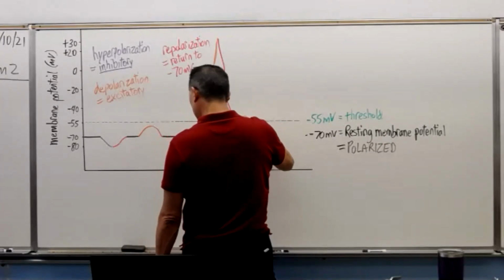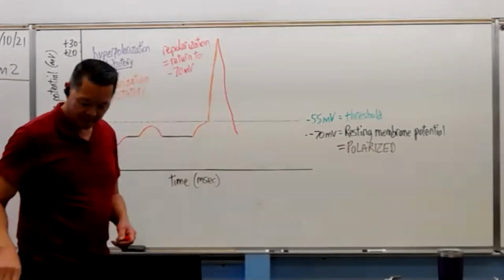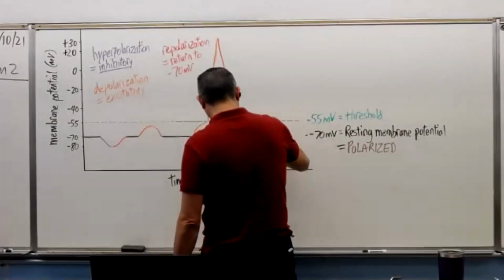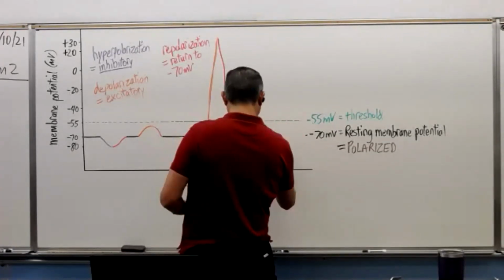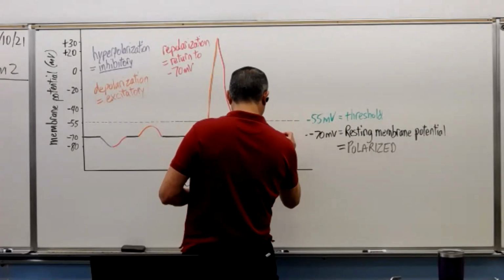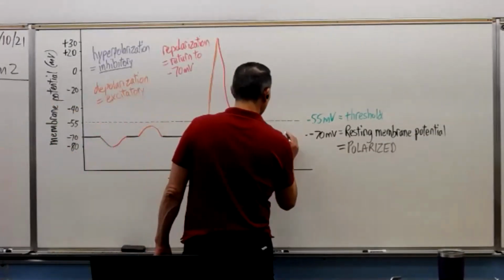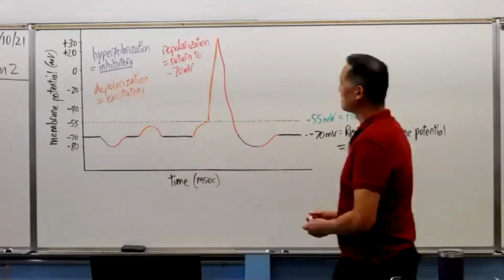I'm going to talk about these channels in just a second. And then actually it overshoots minus 70, until it comes back to minus 70 eventually. And that, again, sequential thinking helps.